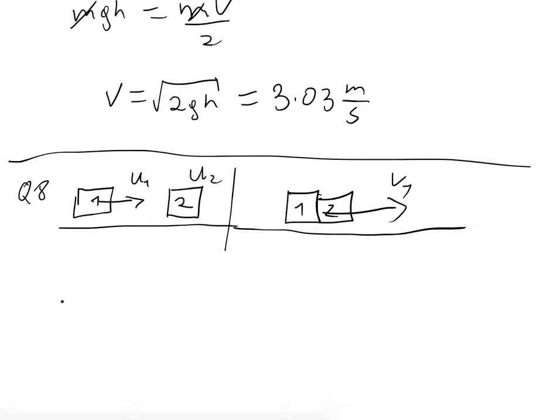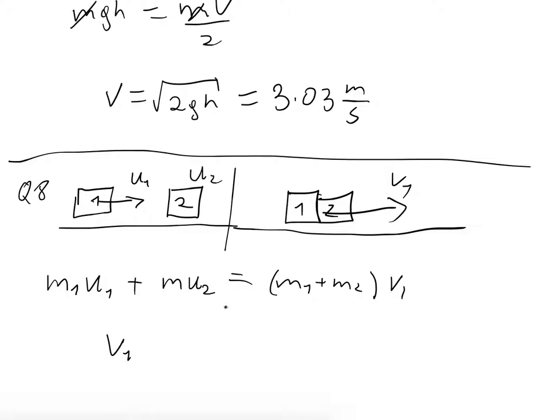I'm going to write down my principle of conservation of momentum. Mass times initial speed plus mass times initial speed for the second object has to be equal to the momentum afterwards. The question tells us that the two masses stick, so I get (m1 plus m2) times v1. Let's find what v is, because in this question we're looking for the velocity after the collision.